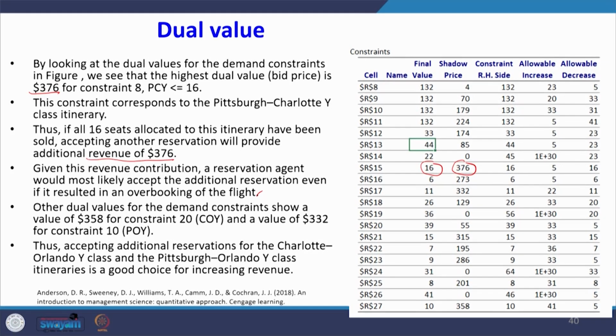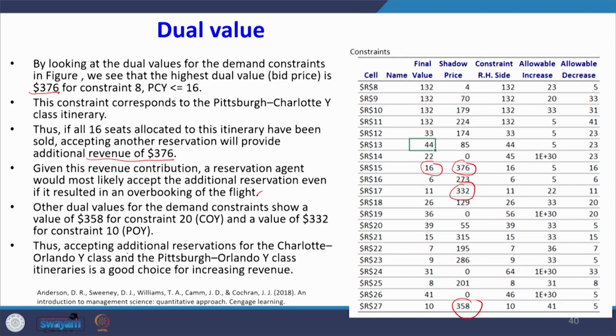So, that will give you additional revenue of $376. Other dual values for the demand constraint show a value of 358, for example, here 358 for constraint 20, and the value of 332 for constraint 10.